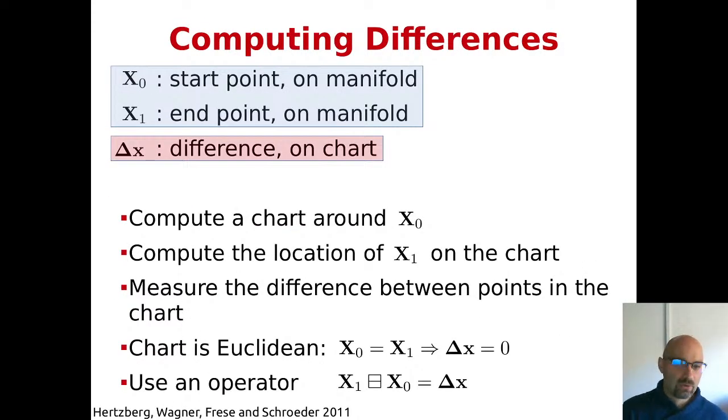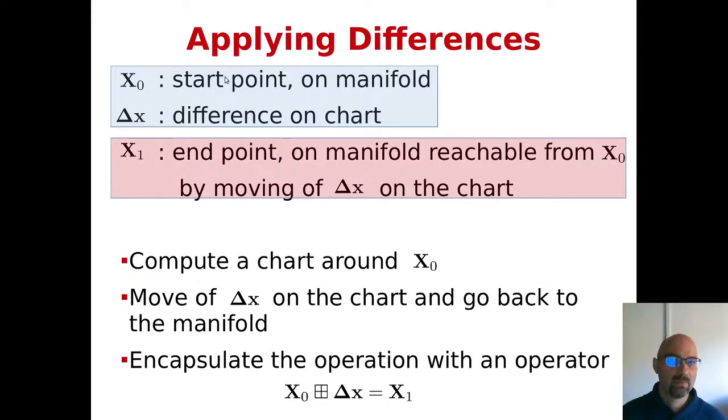Now, if we can compute the difference, we can also apply the difference. And so, applying the difference is the other way around. We can undo this process. So, if I give you a starting point on the manifold, and I give you a difference on the chart, it's equivalent to, imagine that you are on an Earth, which is a ball, despite not everyone believing so.